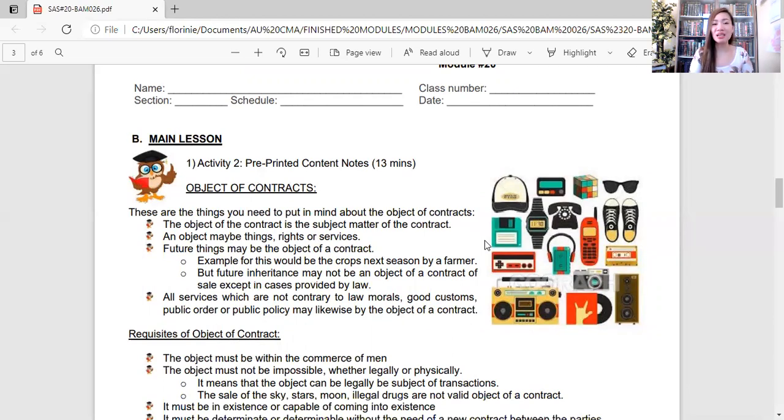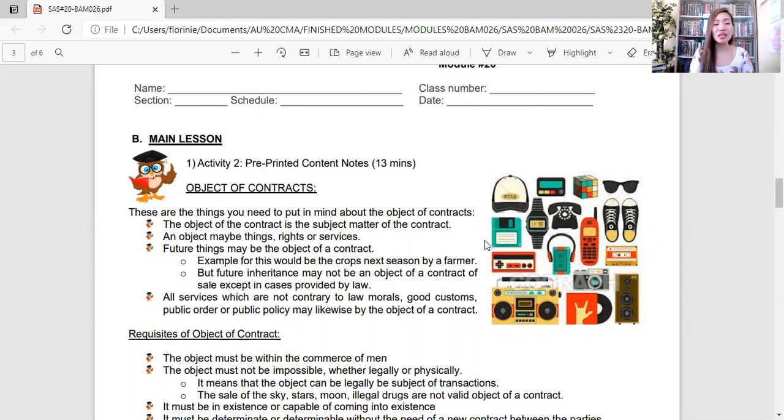Okay, meron kasing mga object na hindi pwedeng maging object ng contract. Pag-usapan natin. These are the things you need to keep in mind about the object of contracts. First, the object of the contract is the subject matter of the contract. So, pareho lang yung object, pareho lang yung subject. Next, the object may be things, it could be rights, or it could be services.